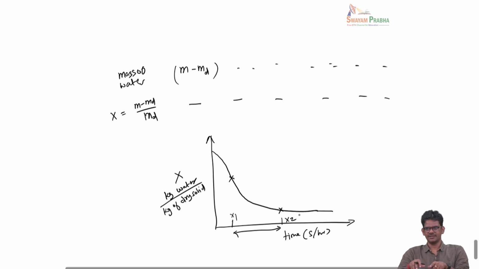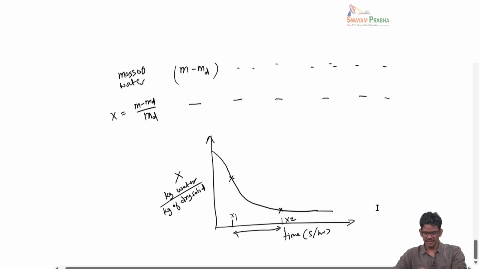This is raw data. We are going to process this raw data and plot it slightly differently. What we can do is, I can find the rate of water evaporated, that is basically the mass transfer flux from the solid from this curve, okay, and I can plot that as a function of moisture content itself.